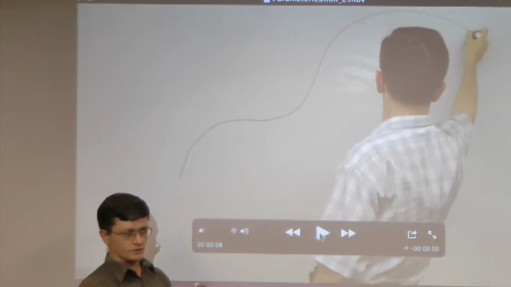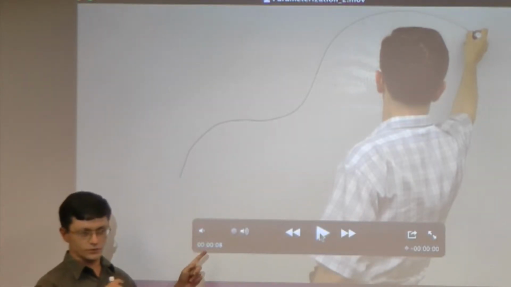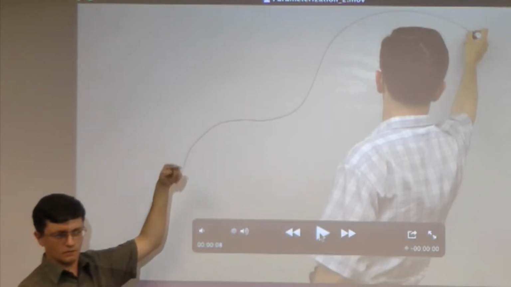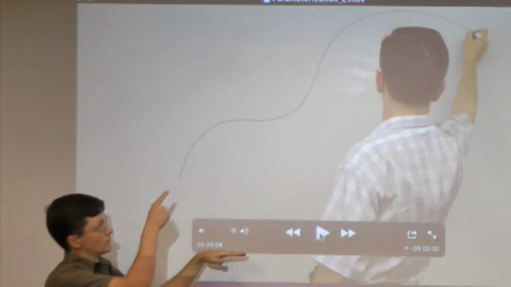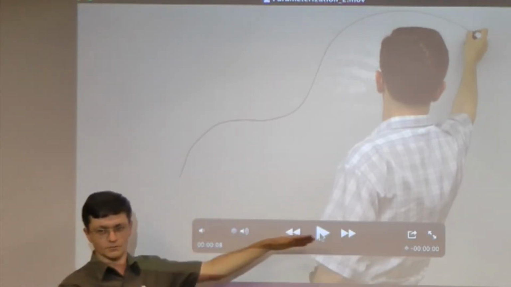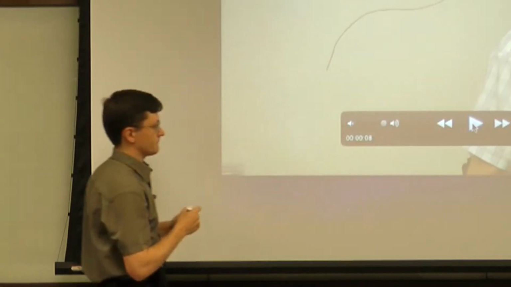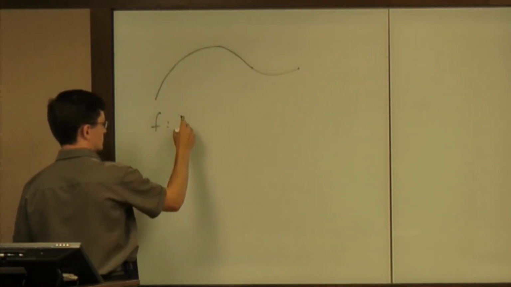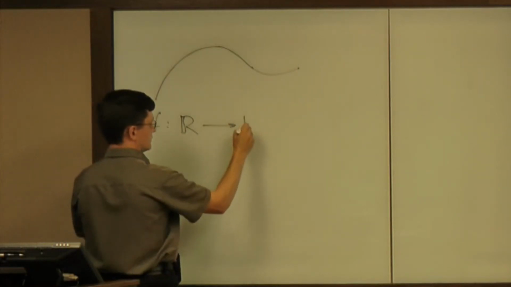As opposed to the function you studied in calculus 1, 2, the function that associates a number to a number, taking a line to another line, what we will study now is an association of a point on a plane to a number. It is also a function, it's just a different type of function, from a line to a plane.